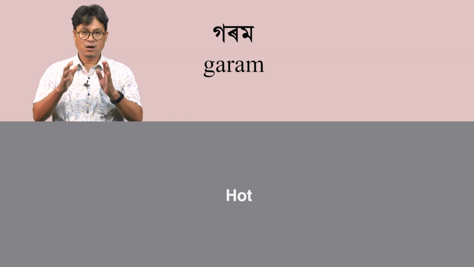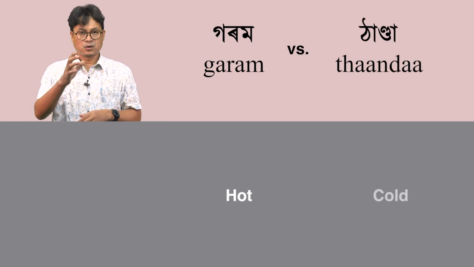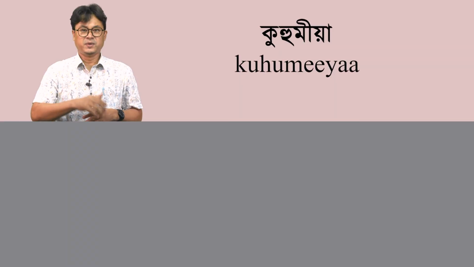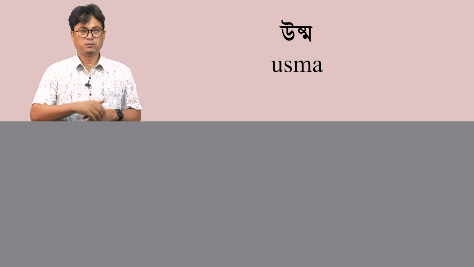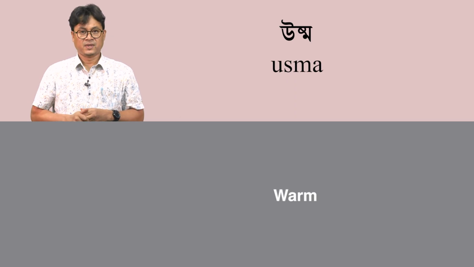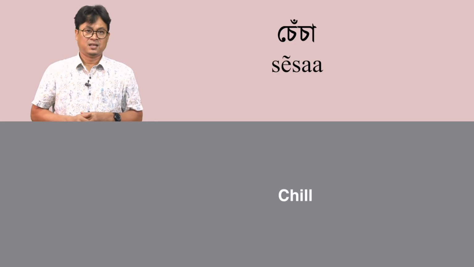Gorom means hot versus thanda. Thanda means cold. These are opposite in meaning, but there are intermediate states such as kuhumia. Kuhumia means lukewarm. Usmo. Usmo means warm. Or sesa. Sesa means chill. Therefore, the opposition is not absolute.